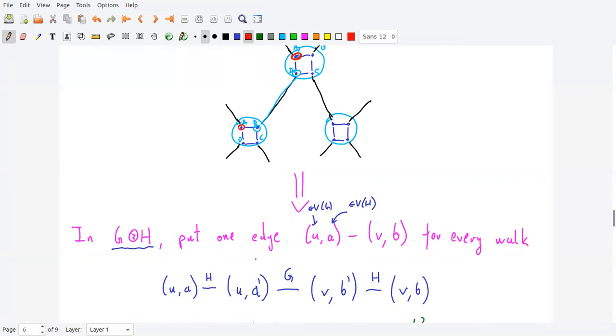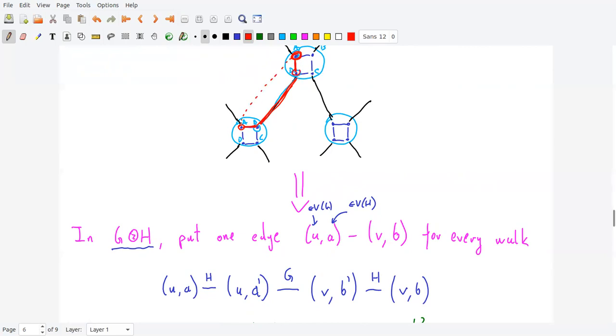The walk of length 3 must first walk along an edge of H within one of those, I will call them clouds. Then take the unique edge of G going out of this vertex, and then choose one of the edges within this cloud and finish here. So for this walk of length 3, I would put one edge in the zigzag product.